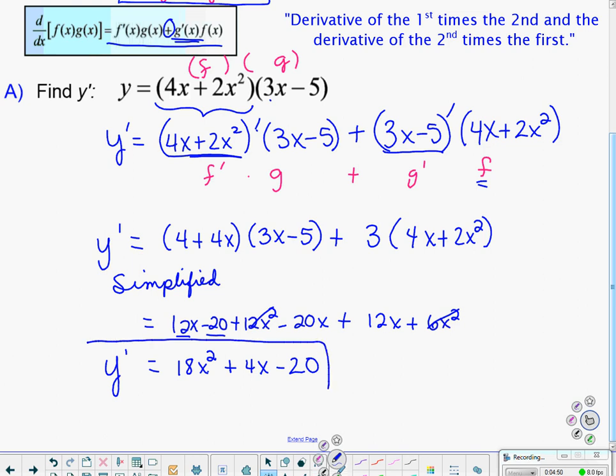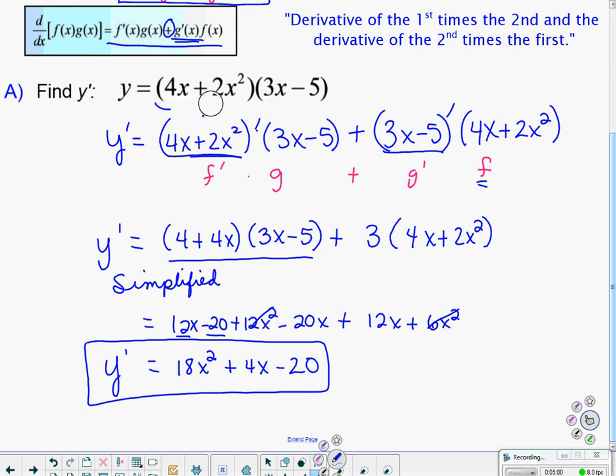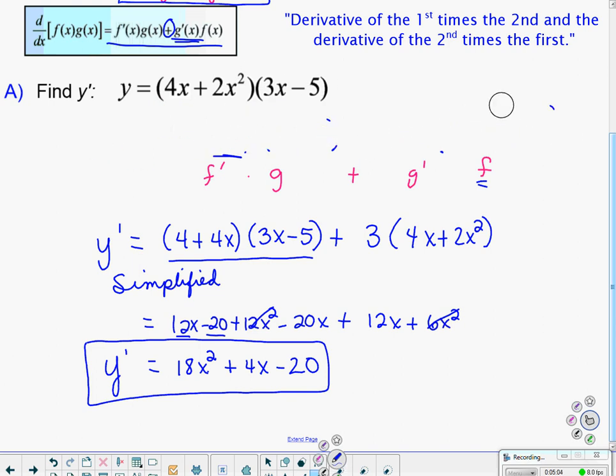It's not bad. You end up most likely doing some sort of FOILing and distributing. And you're probably thinking, well, I can remember doing this in section 2.2, the previous section. You're right, we did. The way we handled it without the product rule was we FOILed first and created a polynomial. I'll just do that quickly here.